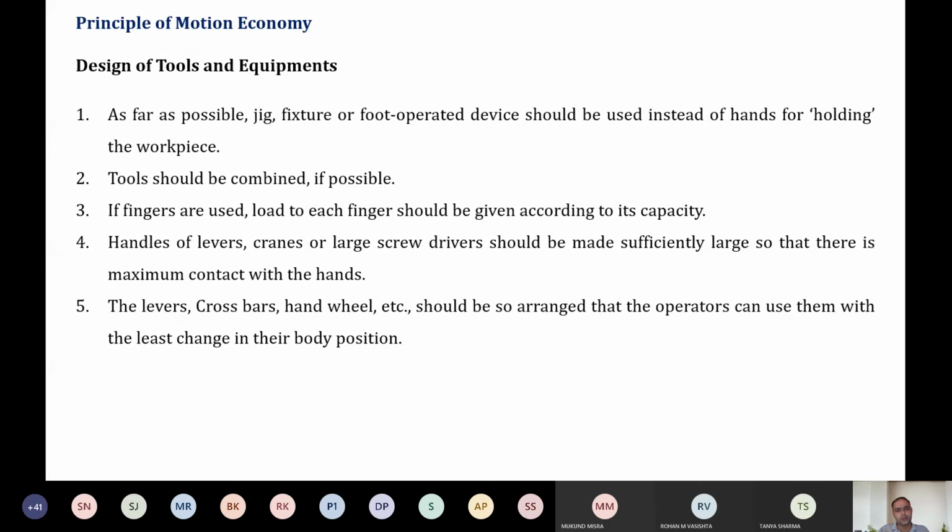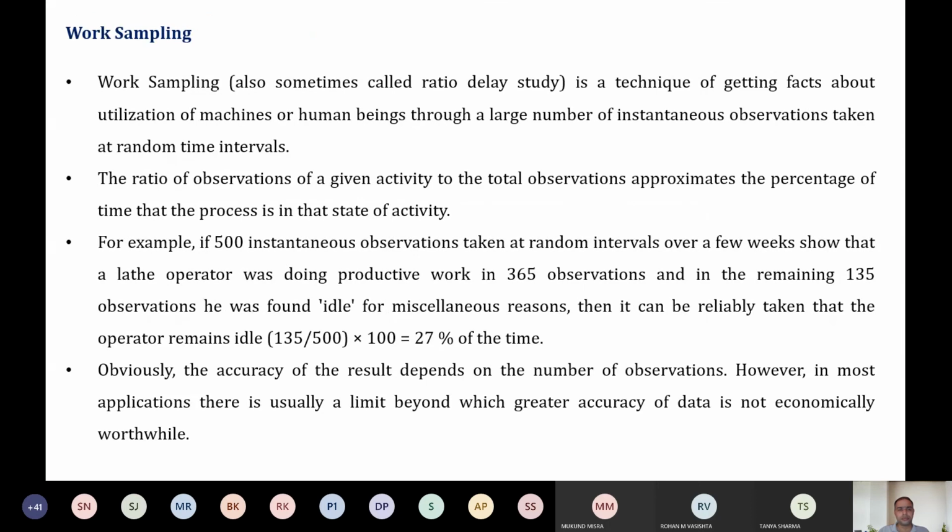When you facilitate the working environment like this, automatically the worker will be able to produce products in a quality way and in a fast manner. That will increase productivity, which will improve the economy of the company. That's why we call this the principle of motion economy.